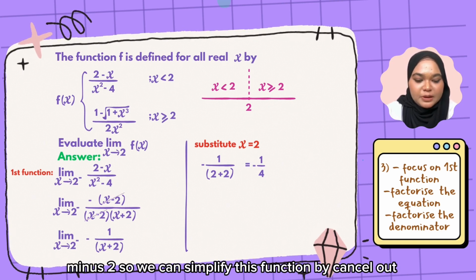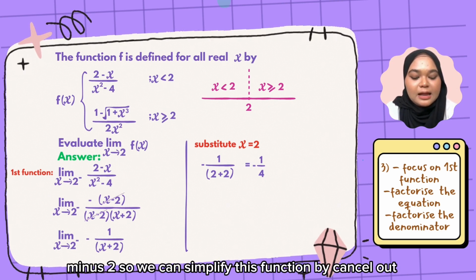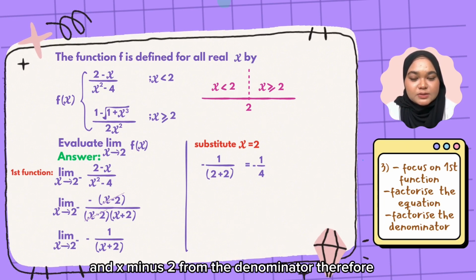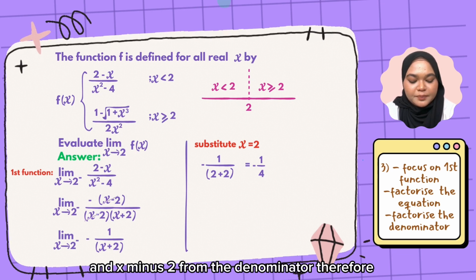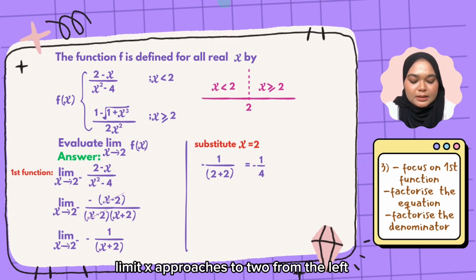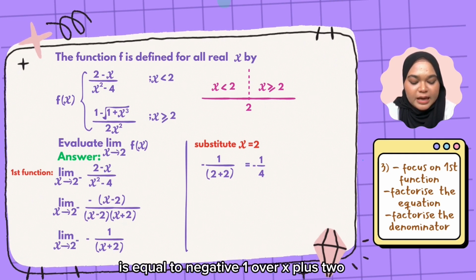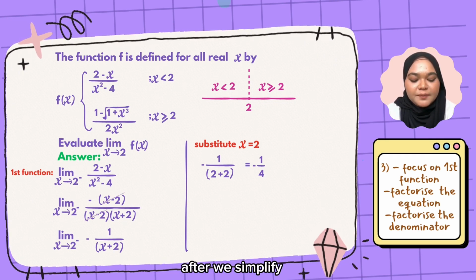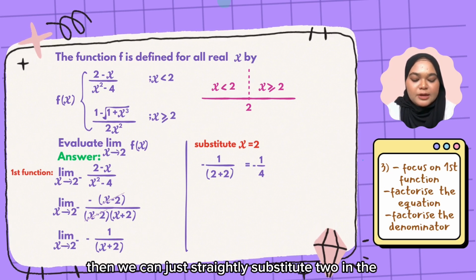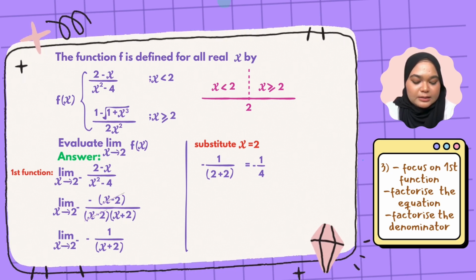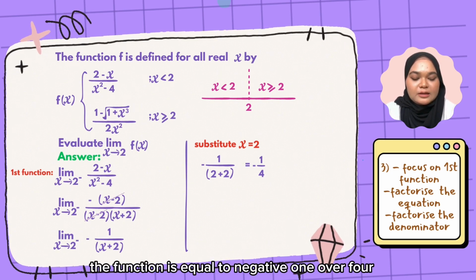So we can simplify this function by cancelling out x minus 2 from the numerator and x minus 2 from the denominator. Therefore, the limit as x approaches 2 from the left is equal to negative 1 over x plus 2 after we simplify the function. Then we can straightly substitute 2 for x. Therefore, the function is equal to negative 1 over 4.